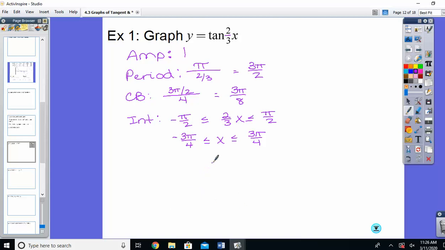Okay. So now we are ready to graph. My first point will be at negative 3 pi over 4. Plus 3 pi over 8 is negative 3 pi over 8. Plus 3 pi over 8 is 0.